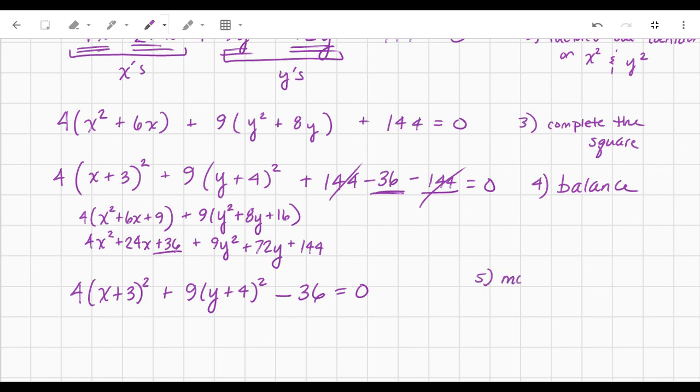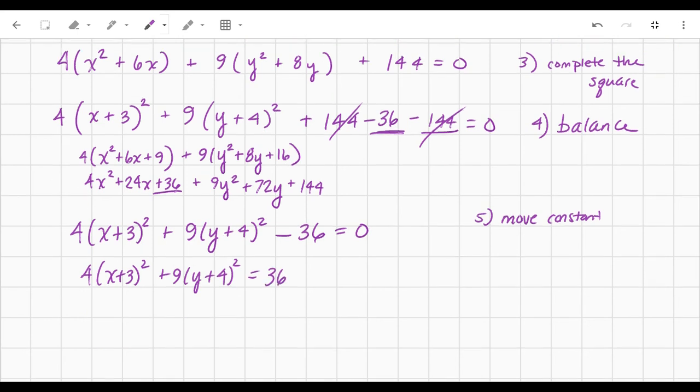So we're going to move our constant. I'll give you a hint. It should always be positive on that other side, so it should always be negative on the left side, and then we add 36 to both sides. Just like the last one that we did, the right side needs to be 1. So we're going to divide.